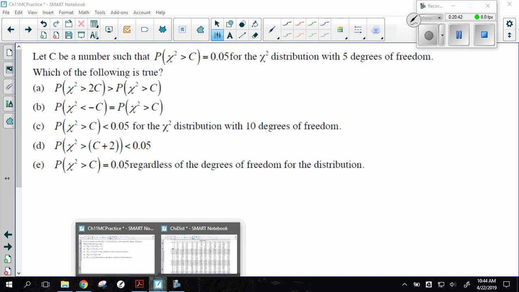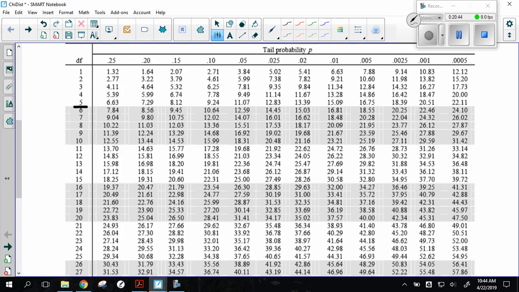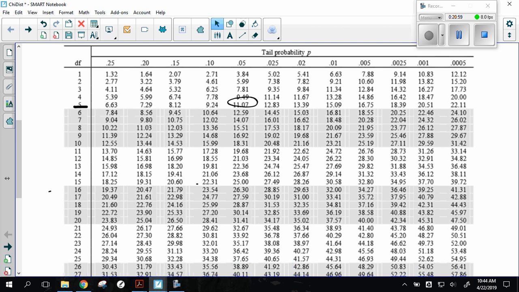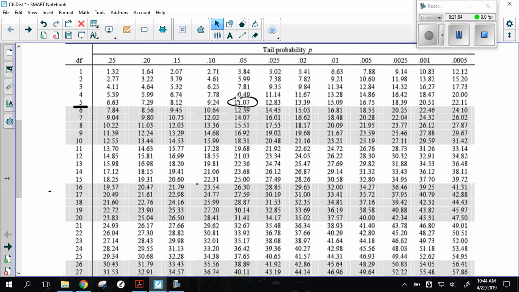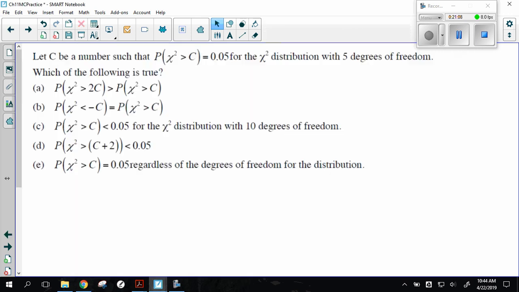At 0.05, we're at 11.07. So let's see if any of these are true for 11.07.